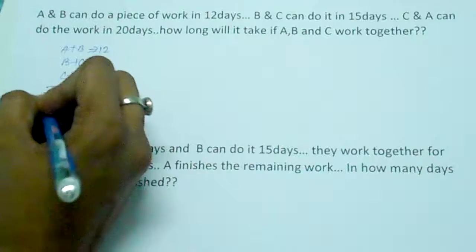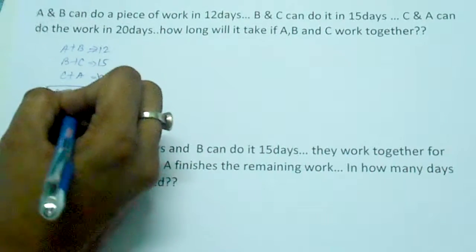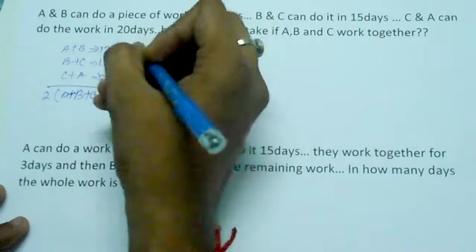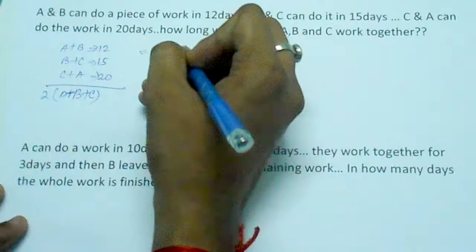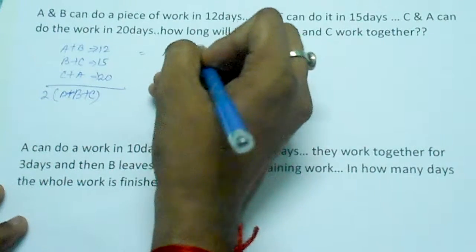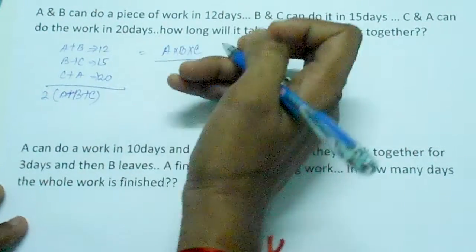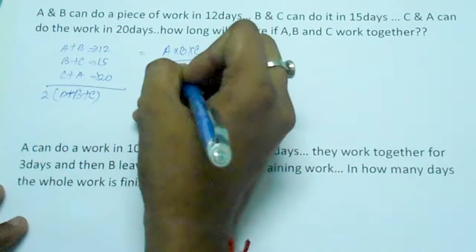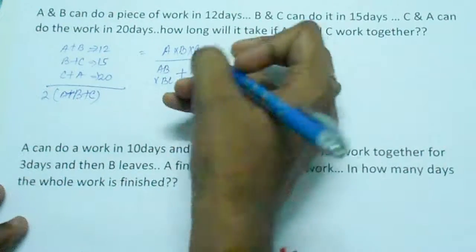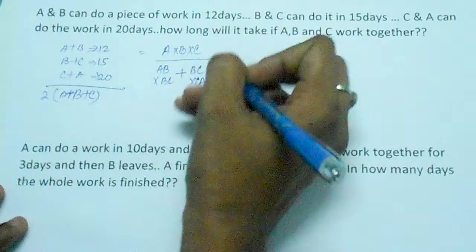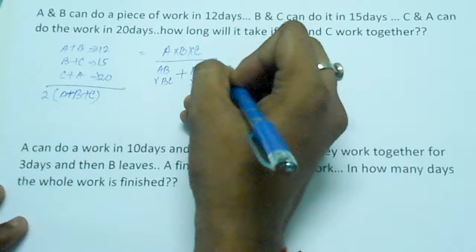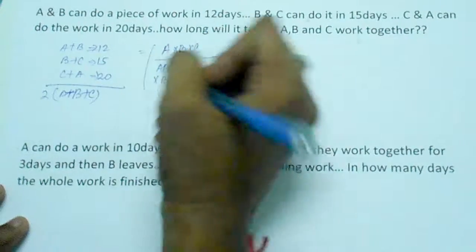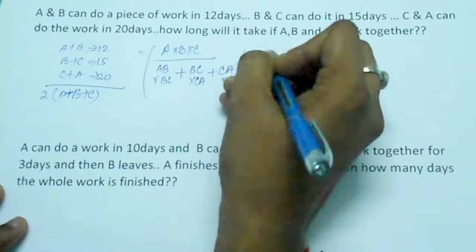So it's basically 2 into A plus B plus C. So I will apply the formula A into B into C divided by AB into BC plus BC into CA plus CA into AB, and the whole will be multiplied by 2.